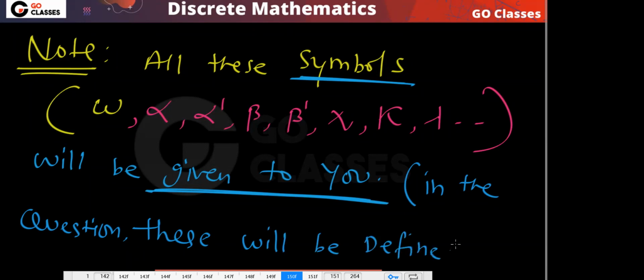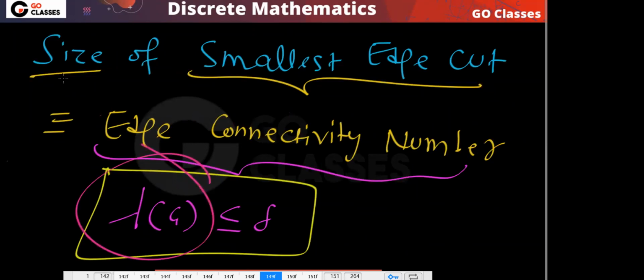So you don't have to worry about these symbols. Even I forgot what the symbol is.